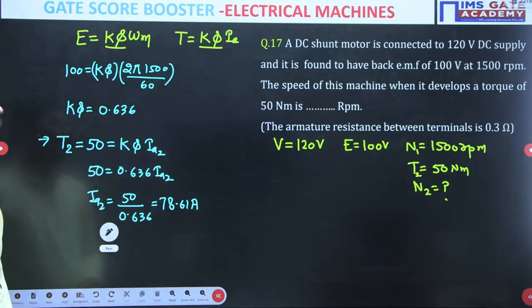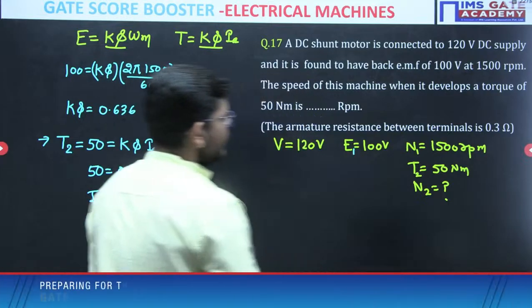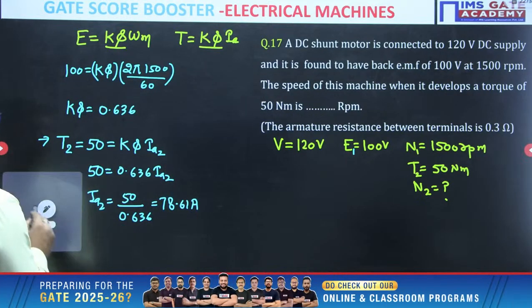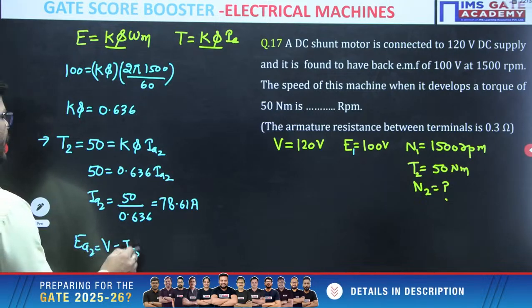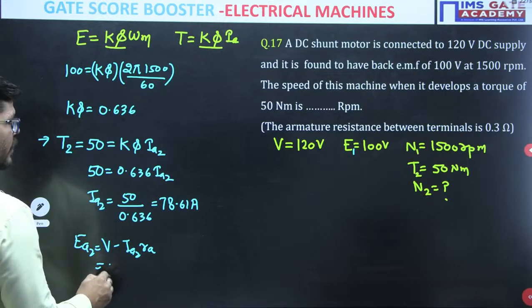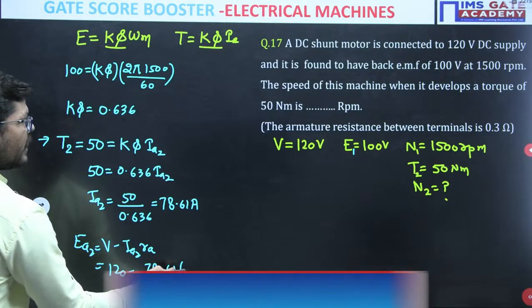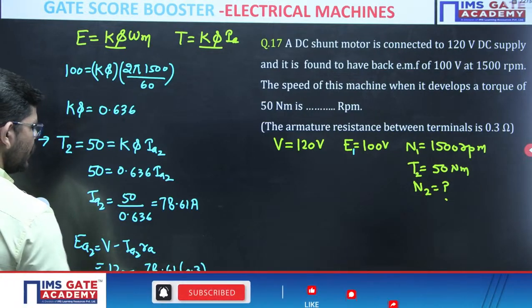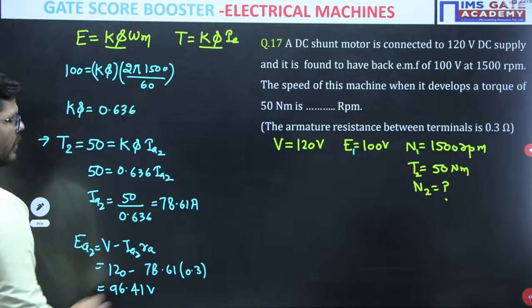Now you can calculate EA2, which will be V minus IA2 RA. V is 120 minus 78.61, and RA is given as 0.3. So from here you get EA2, which is 96.41.